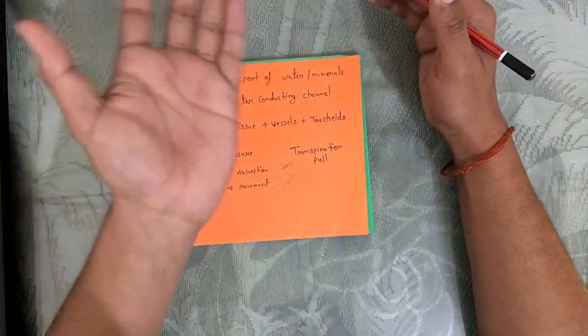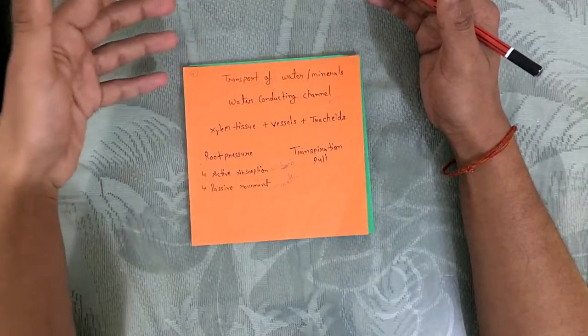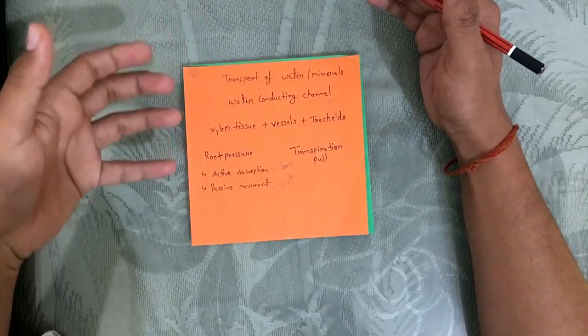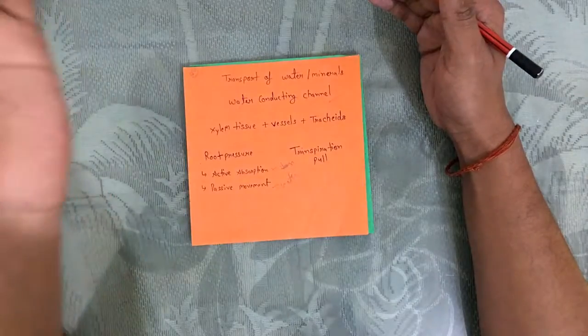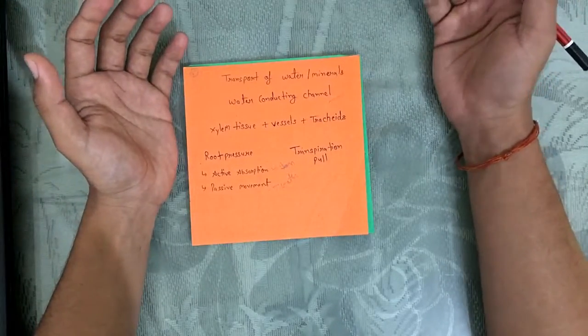So when the water on the upper surface is lost, it creates a kind of pull. It pulls the water column upward, so water again moves forward. Along with the water, minerals and ions are also absorbed.